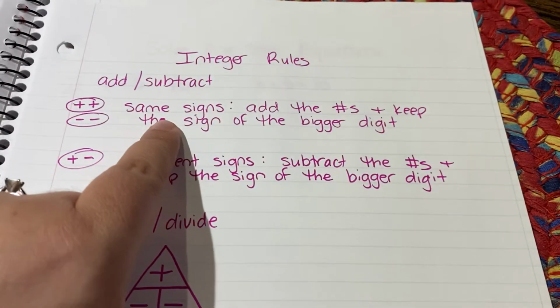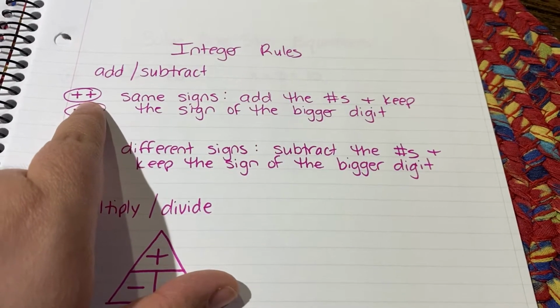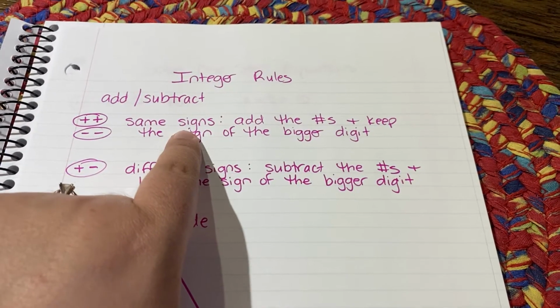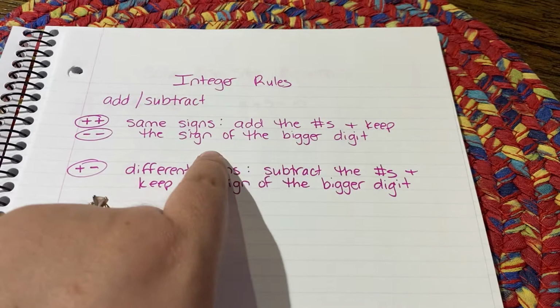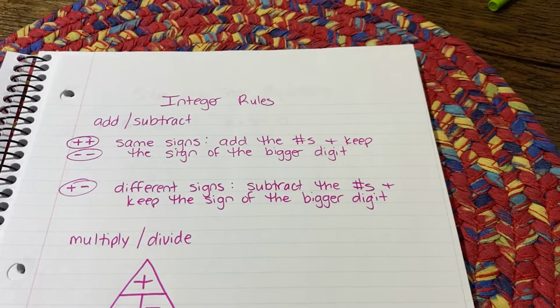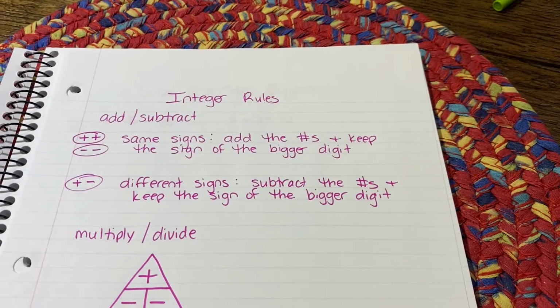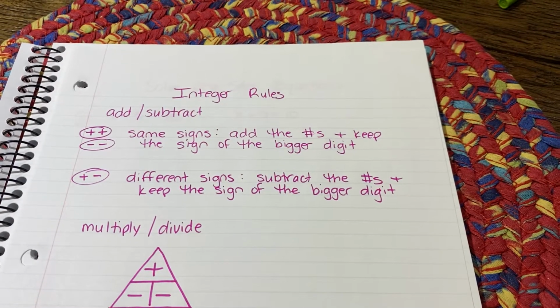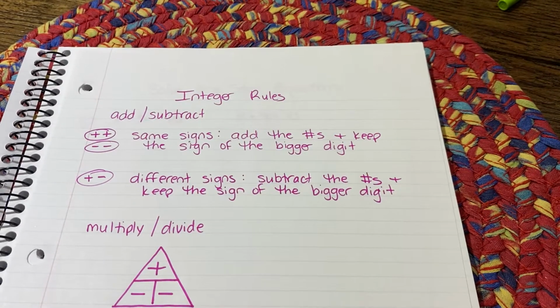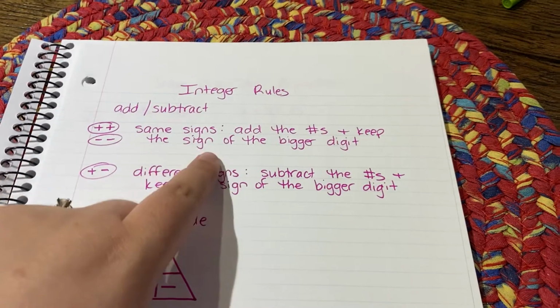If the signs are the same, what I mean by that is both numbers are positive or both numbers are negative. So when the signs are the same, you're going to add the numbers and then you keep the sign of the bigger digit. Remember, I'll say bigger digit because we're looking at the number without the positive or negative sign. We're just looking at the digit itself that's bigger, regardless if it's negative or positive.